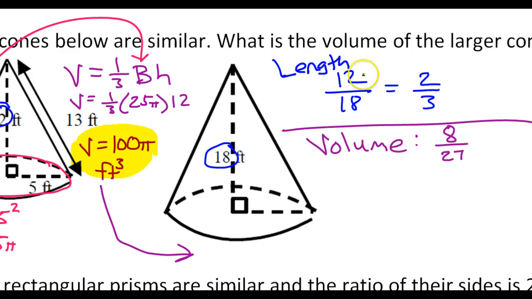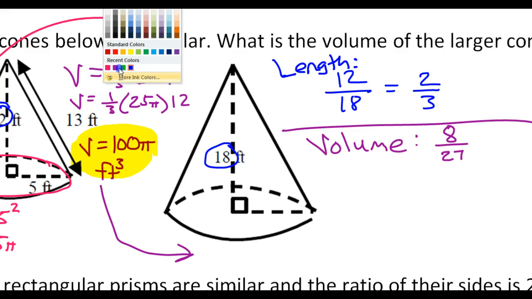The length scale factor was 2 to 3, but the volume scale factor is 8 to 27. So we will use that to cross multiply. Let's set up a proportion.